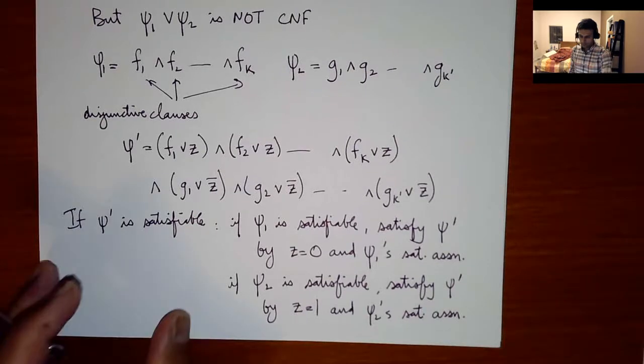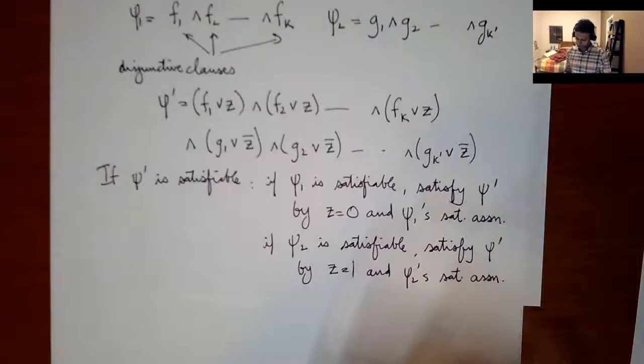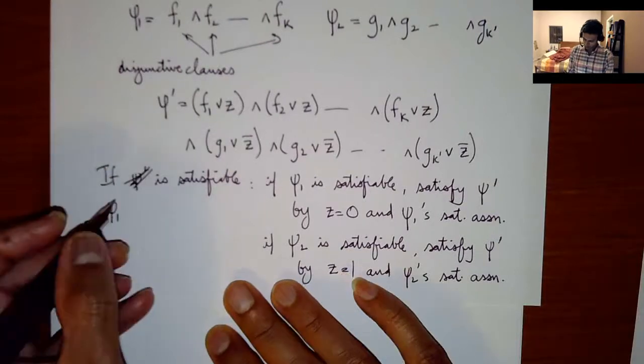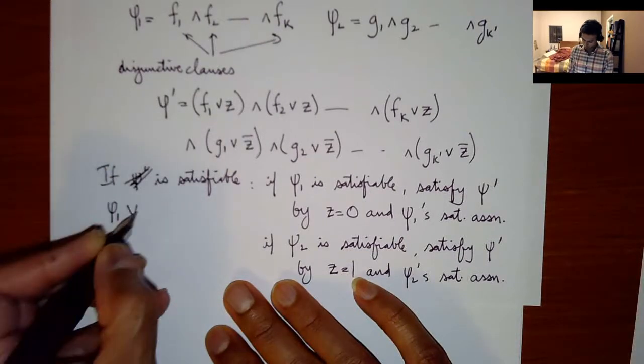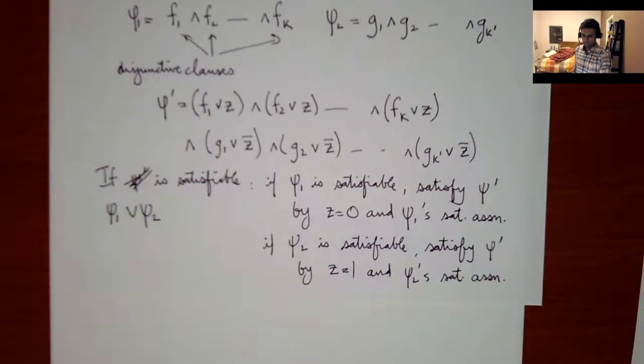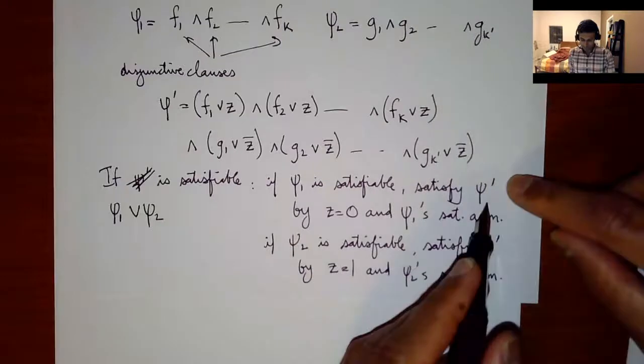And now I'll prove the converse. I'm sorry, I messed up here. I meant something else. So I said if C1 or C2 is satisfiable, that implies that C prime is satisfiable.